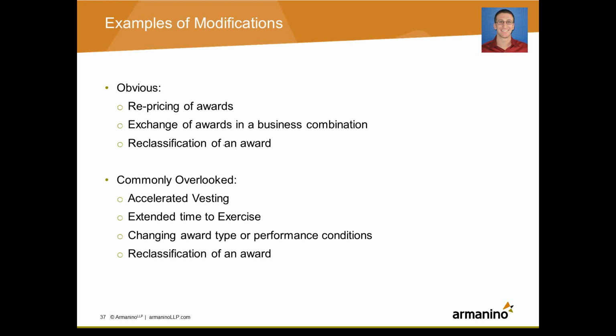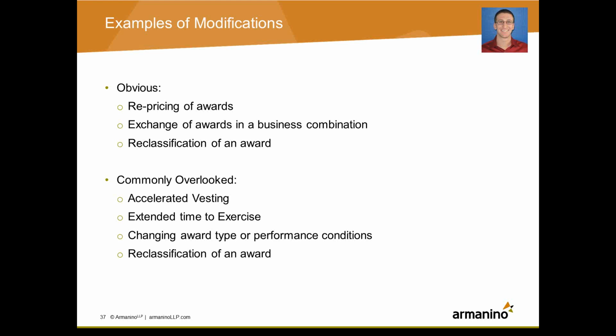So some of the ones, there were, I think about 30% of the folks or maybe 20% of the folks that said they had some repricings done. That's a pretty obvious broad-based modification. That's one where we definitely recommend you getting the auditors involved, getting tax help involved to make sure you're doing everything properly. A business combination, and we'll talk about that in a moment, that's also potentially going to drive some modification accounting as well.